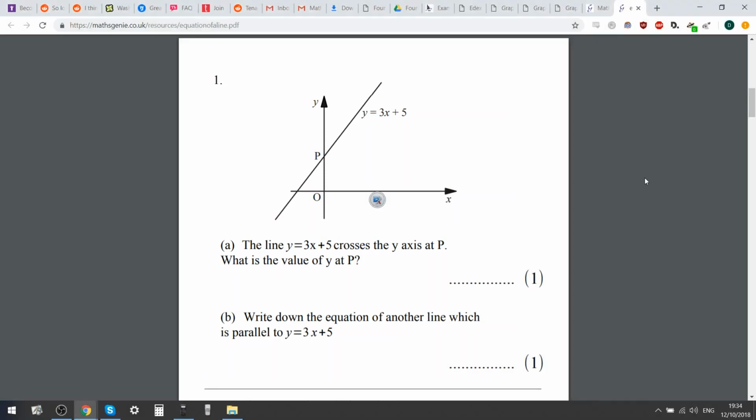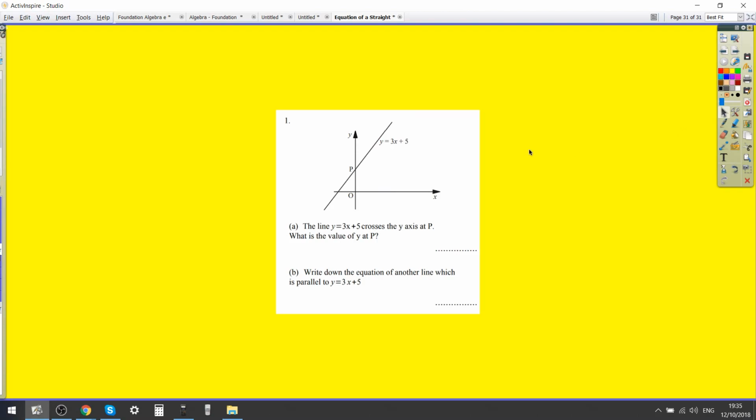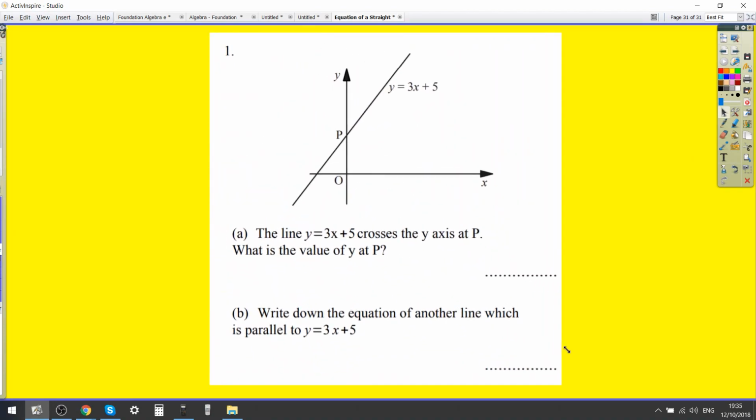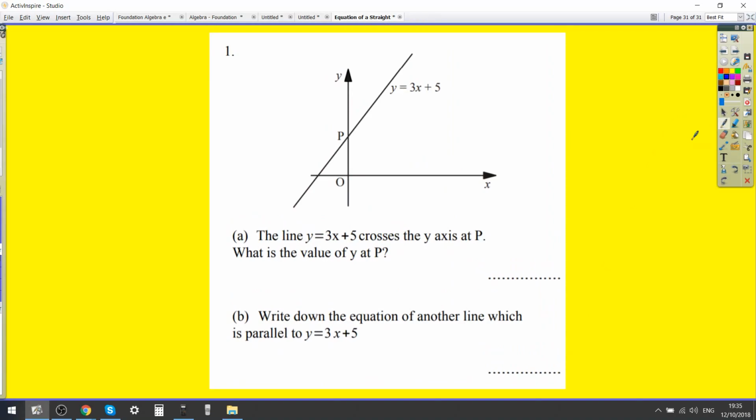So part A. Is p like 3x? P is when x is 0.